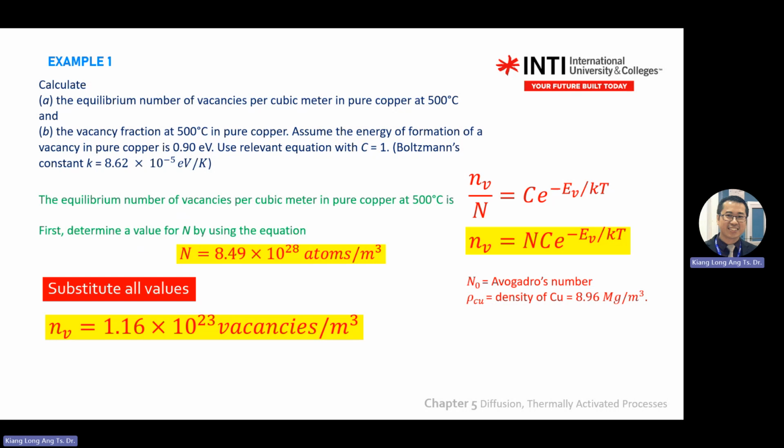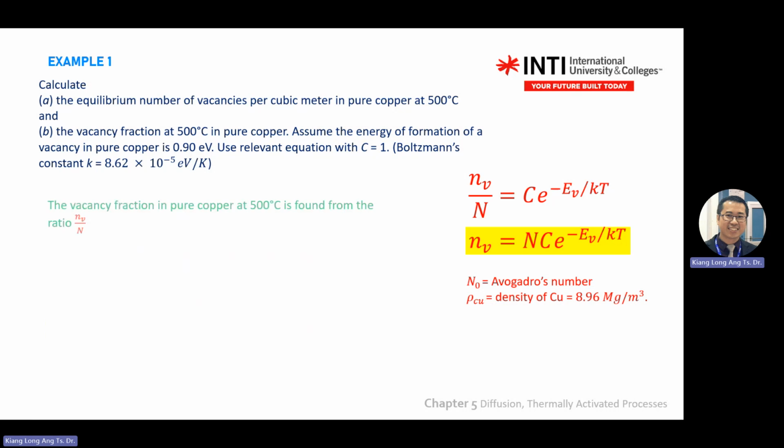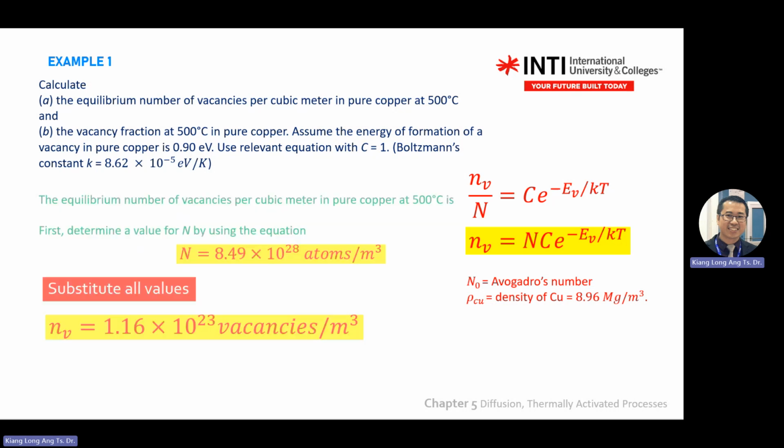The Boltzmann constant K is given. T is changed to Kelvin. You already calculated the N, so you can press your calculator. Give 3 significant figures with the correct index, in vacancy over meter cube. So once you find the number of vacancies, you can solve for the fraction. In 1 meter cube, you have 1.6 times 10 power 23 vacancies per meter cube.